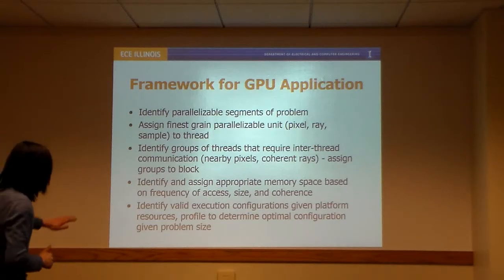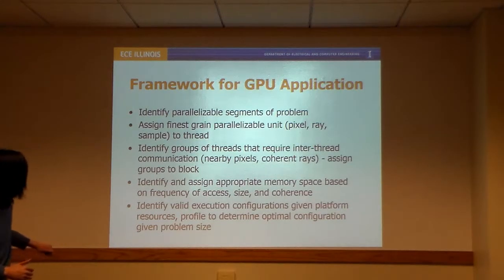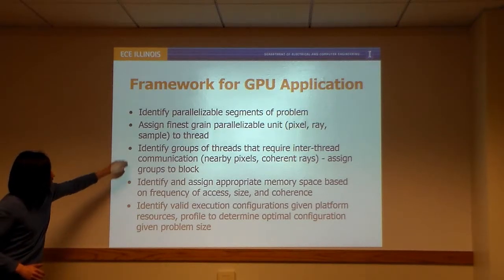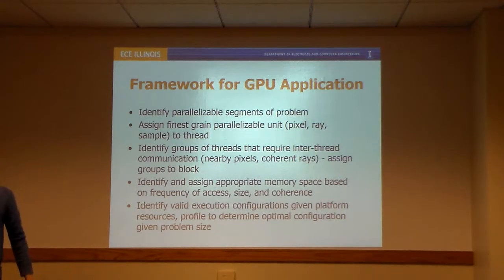So we have to make sure that we have appropriate memory spaces, and then we have to make sure that whatever we've chosen here doesn't violate the actual physical limits of the GPU. How many registers does it actually have? Right? How much state can it maintain for each of these threads? If all your threads are keeping a bunch of state within the thread, and they need a bunch of registers, well then there's not many threads that you can assign to that block. So it just ends up being a trade-off.